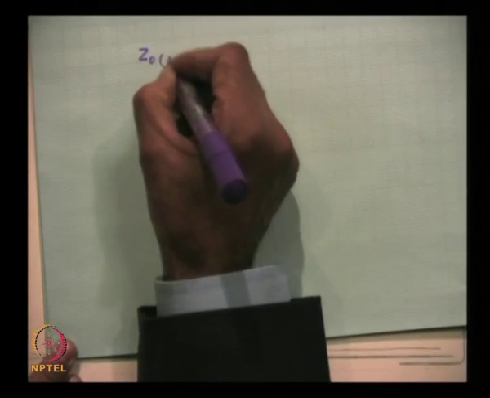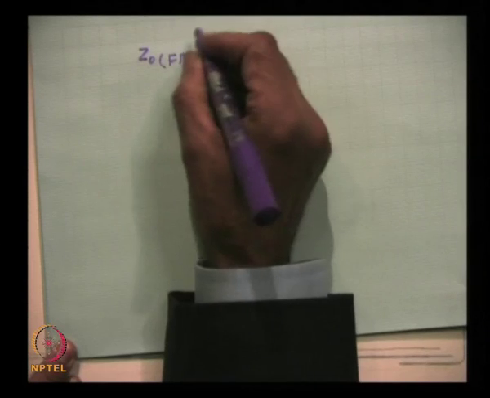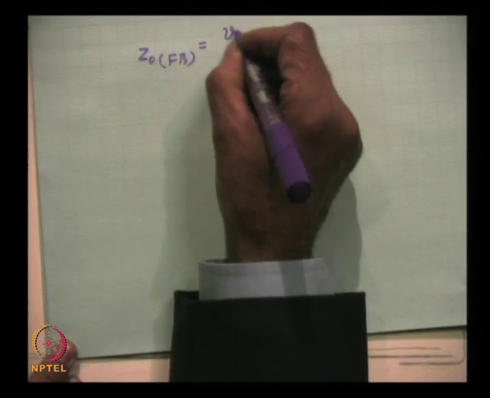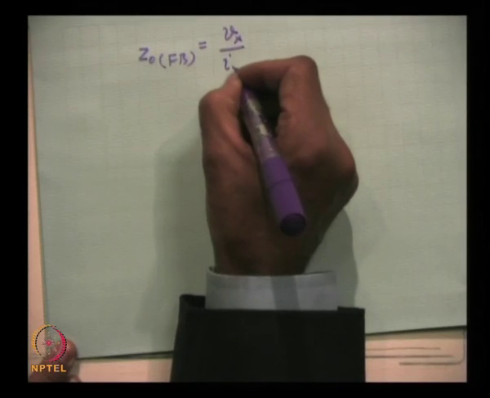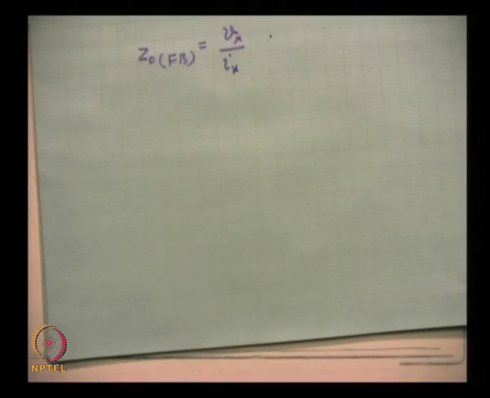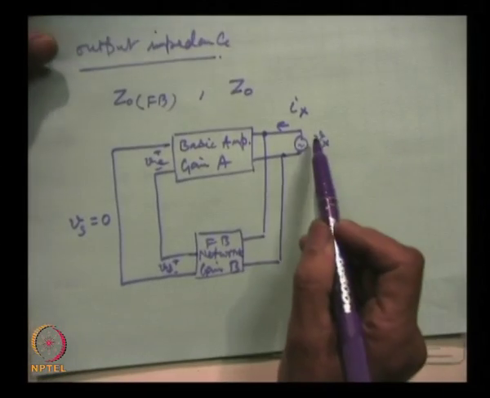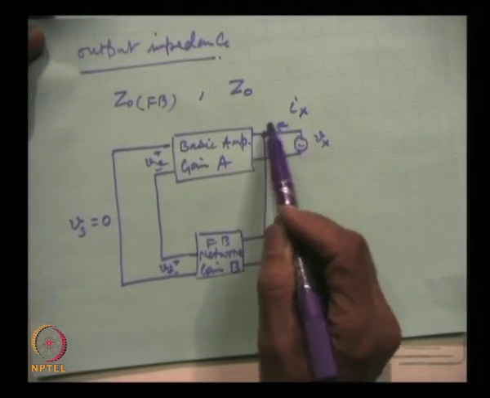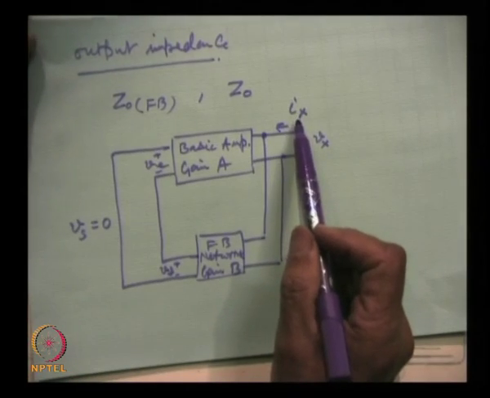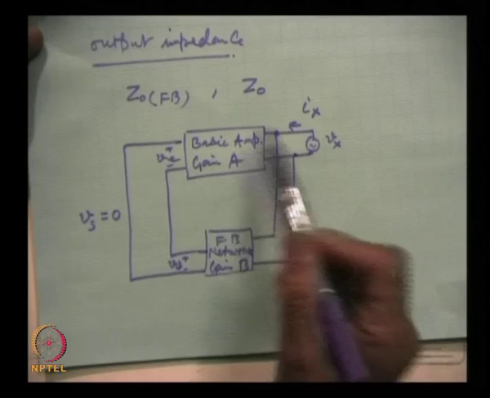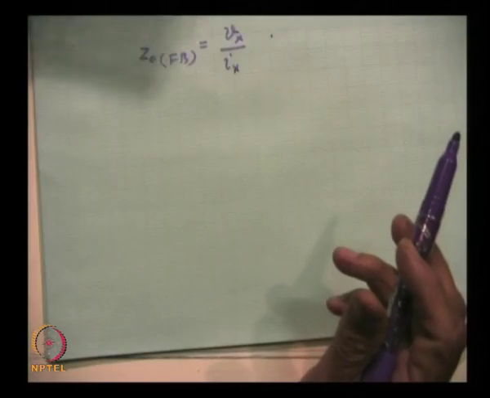The output impedance with feedback is equal to the ratio of the test signal and resulting current Ix. This is the test signal, this is the current which is generated, and the amount of current will depend obviously on the output impedance of the circuit.